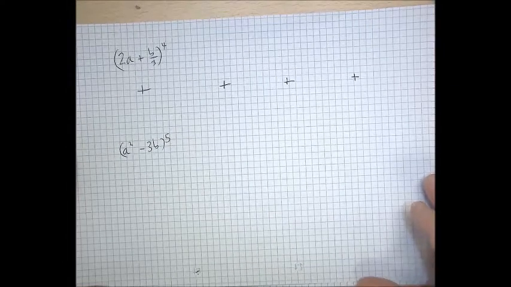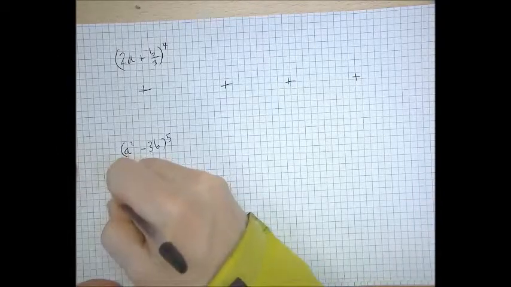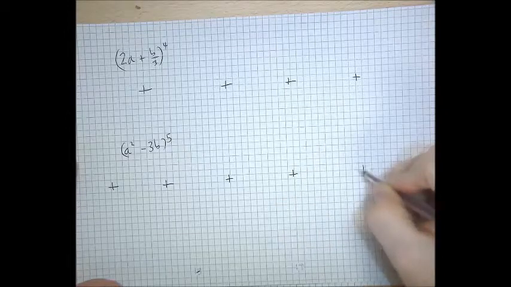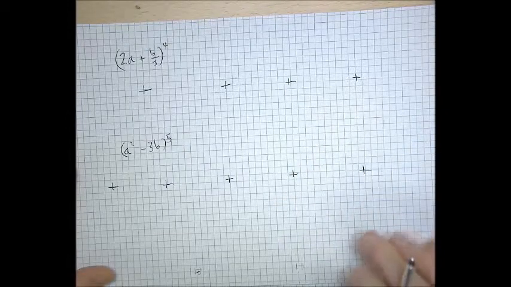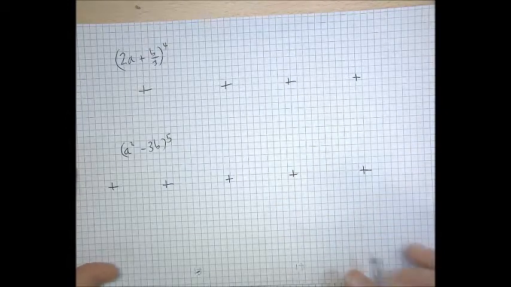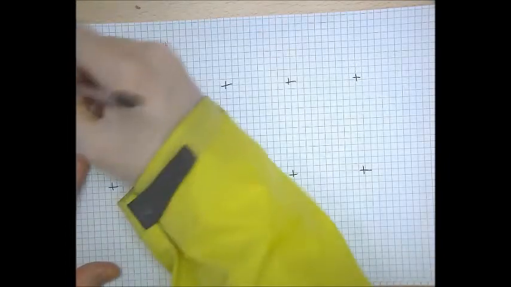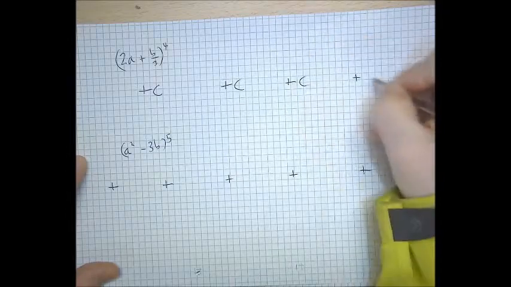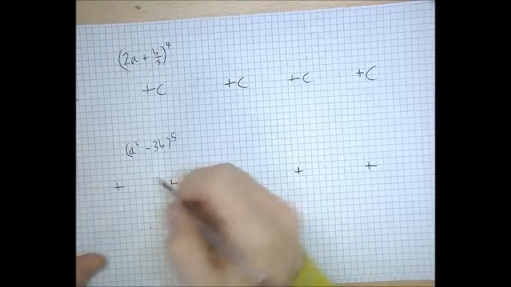So that's 4 plus signs, and for this one I'm going to have 5. So that's the first layer of bricks. Now, that's created some spaces. Fill up those spaces with capital C's. I'll explain what they mean in a second.